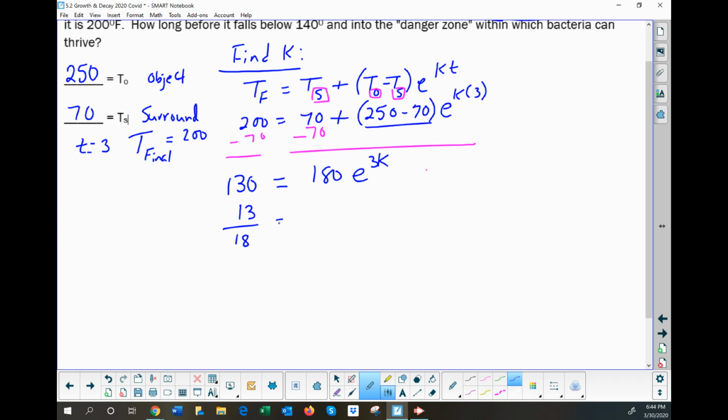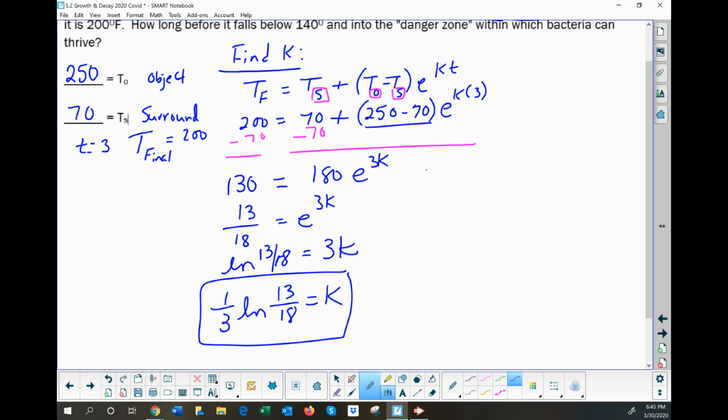Natural log of 13/18 equals 3k. And then I'd have 1/3. So 1/3 natural log 13/18 equals k. Now you definitely can put this in your calculator and get a decimal on it. I know I need a lot of accuracy, so that's why I just keep it as the expression, because then it's not rounded at all.